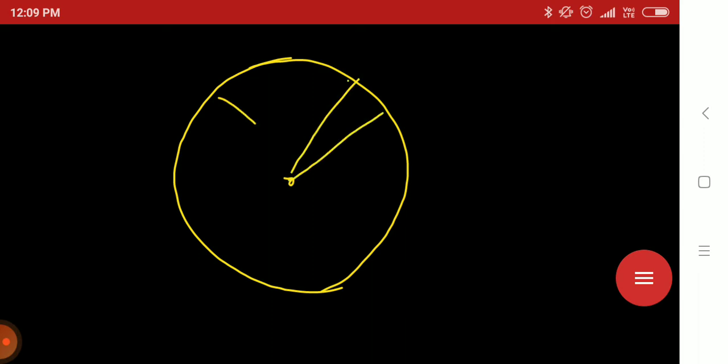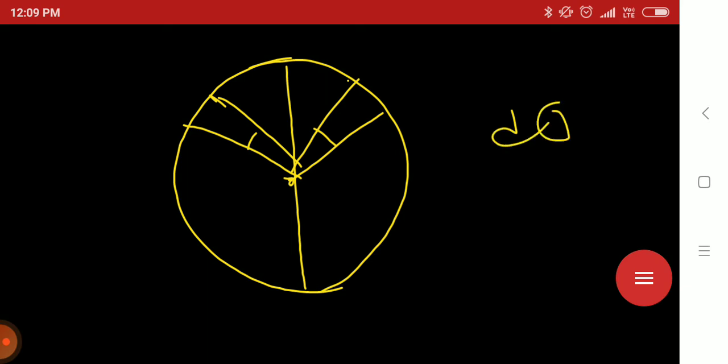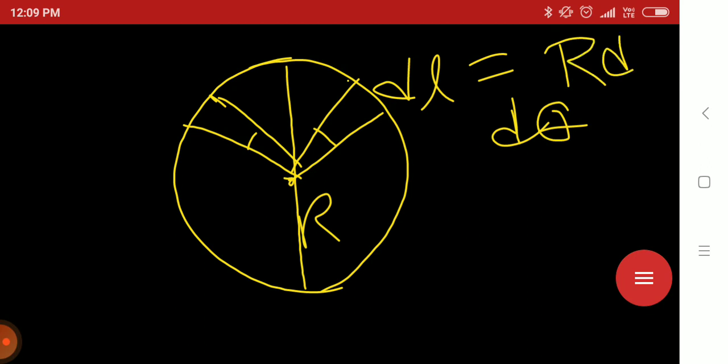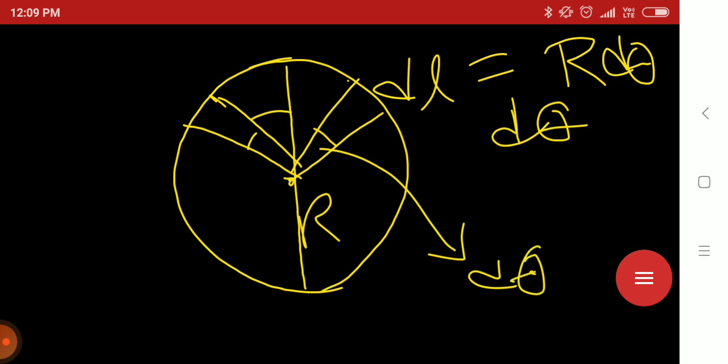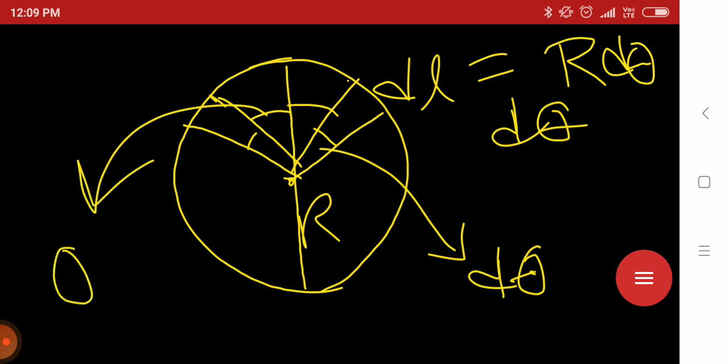Here, both are small elements. d theta is the small portion, r is the radius, and this is dl. dl equals what? r d theta, as we all know that S equals r theta, so small dl equals r d theta. This small angle is d theta, and these angles are theta.